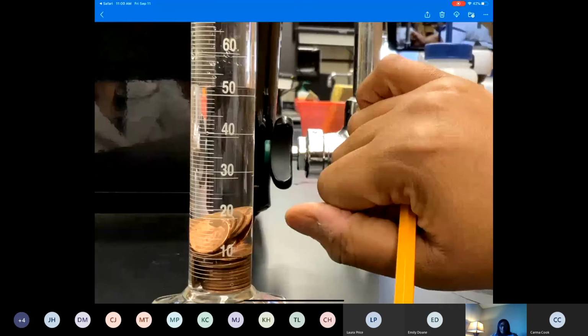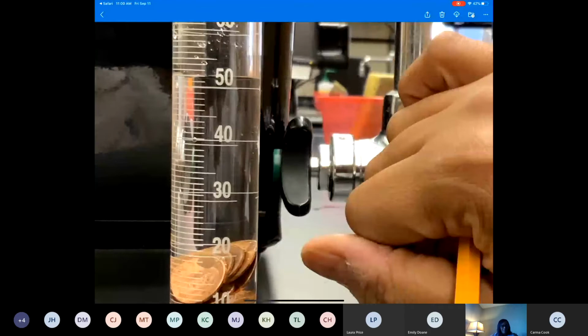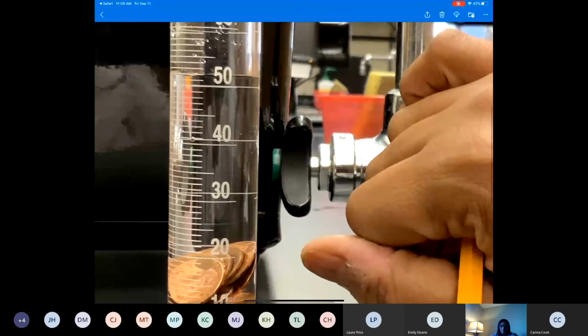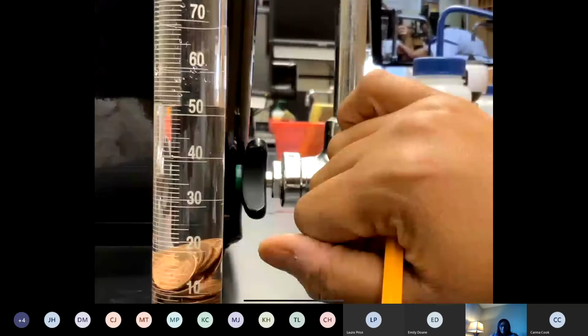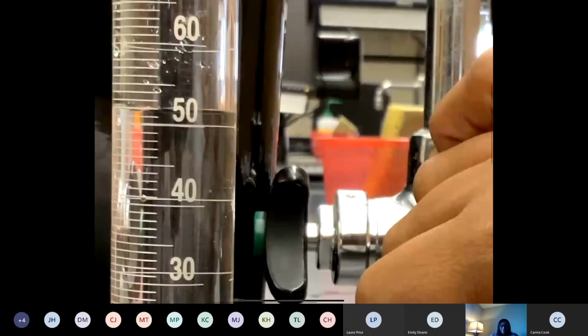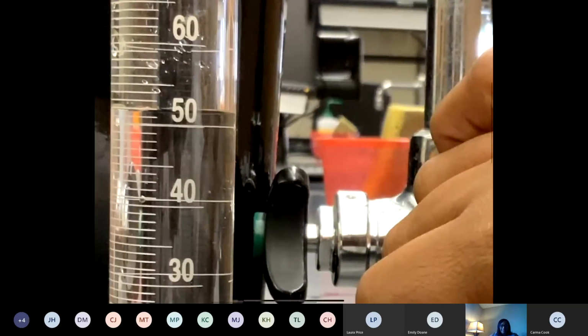Then after adding 20 pennies, I did an estimate of 51.8 by reading the very bottom of the top curve. You may see that at exactly 52.0, but I see it as a little bit below that 52 line.